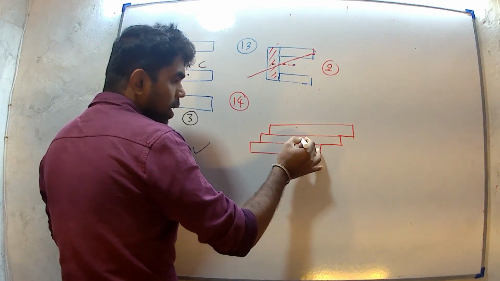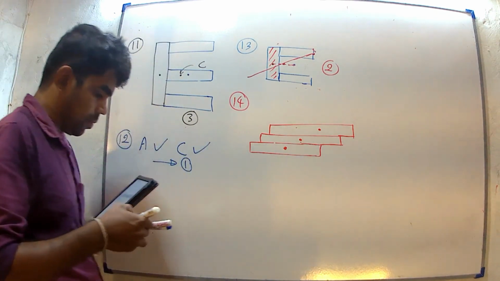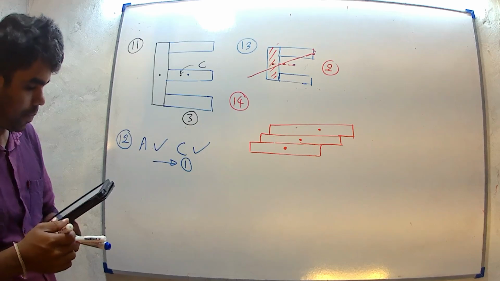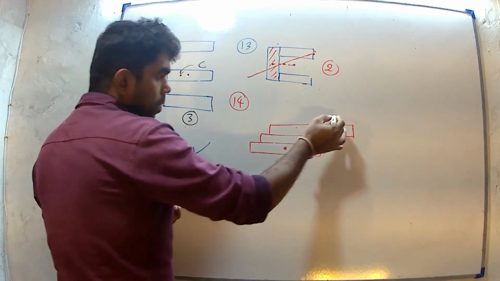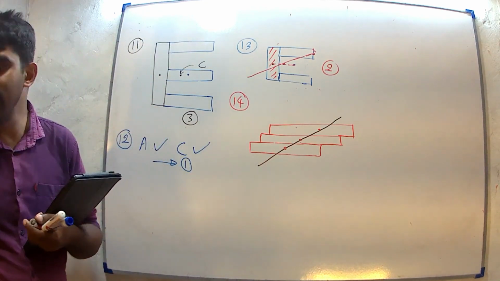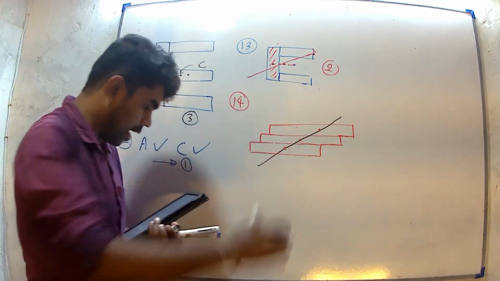Center of gravity of second book is this one. Third book is this one. Then we can join center of gravity of 3 books. Then center of gravity of the system should be on this straight line.